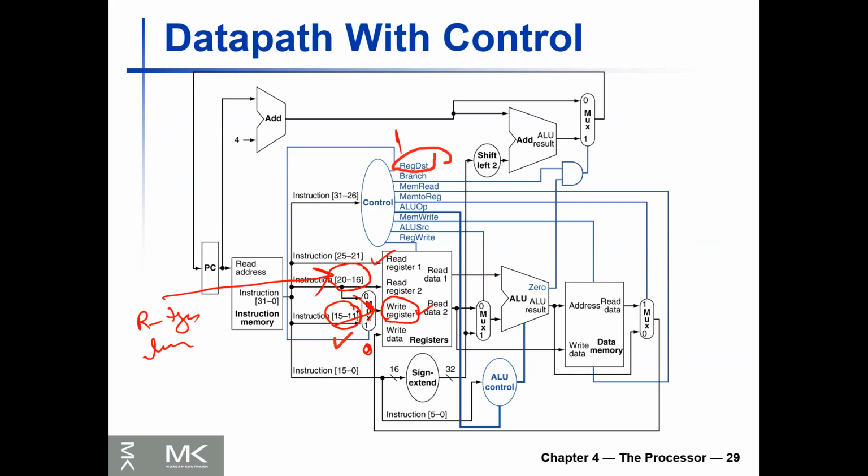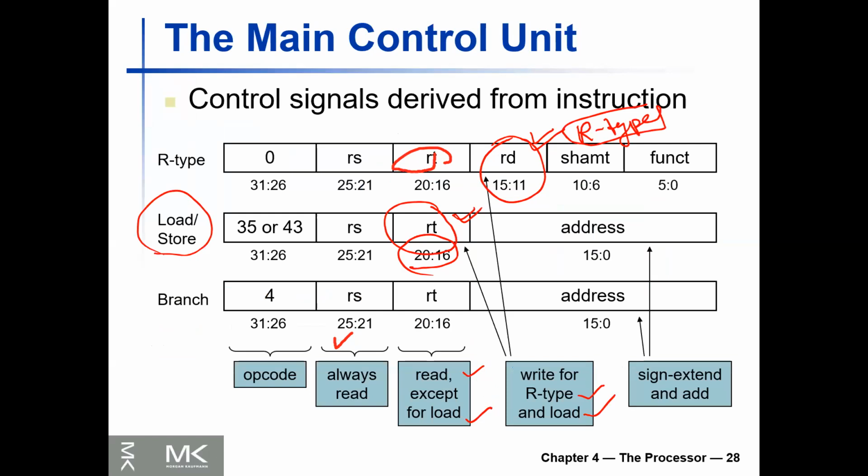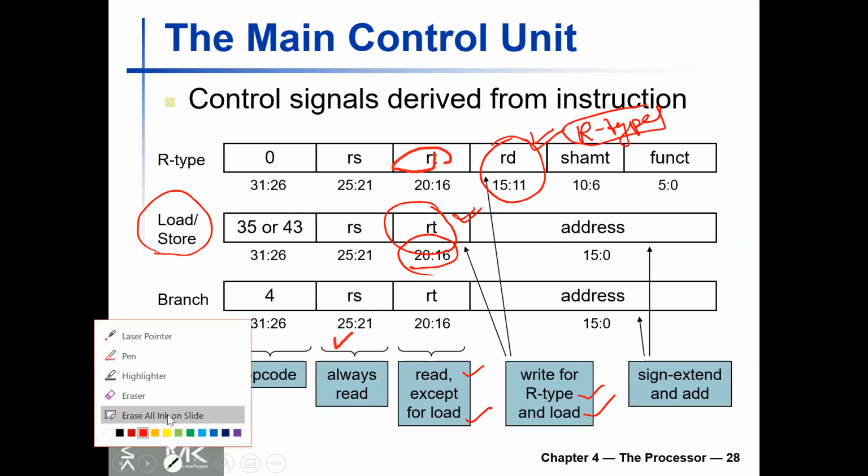The right register number should come from bit number 16 to 20, or it should come from 11 to 15. It will be decided by this register destination.